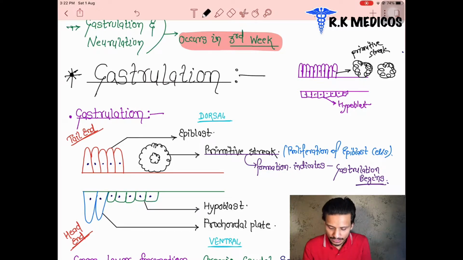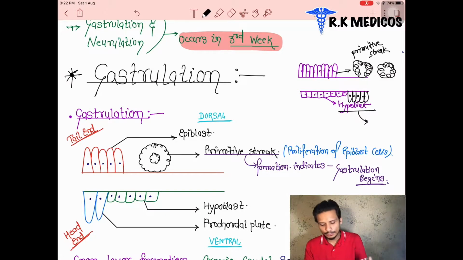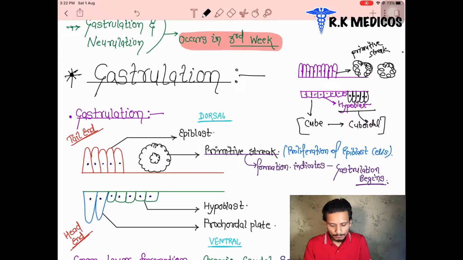Similarly, the hypoblast cells proliferate and their cuboidal cells convert into columnar cells. This is the modification, and this is called the prechordal plate.